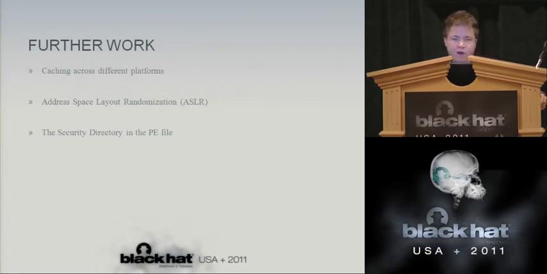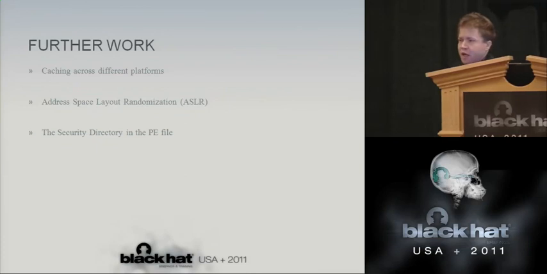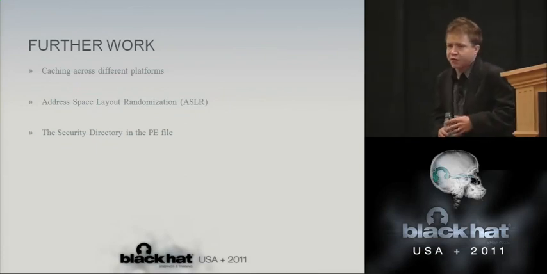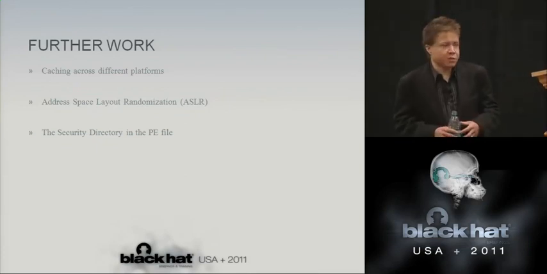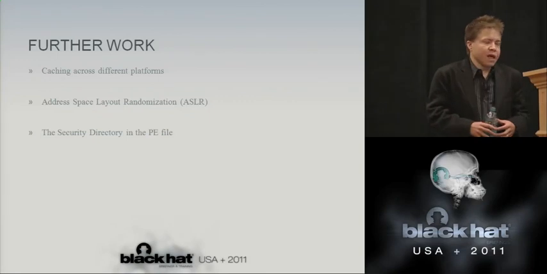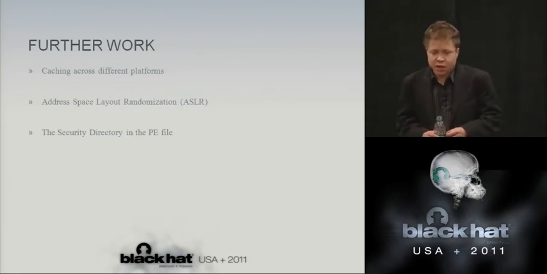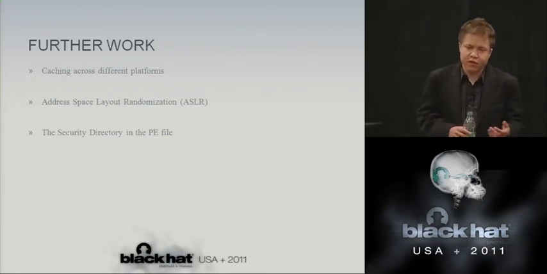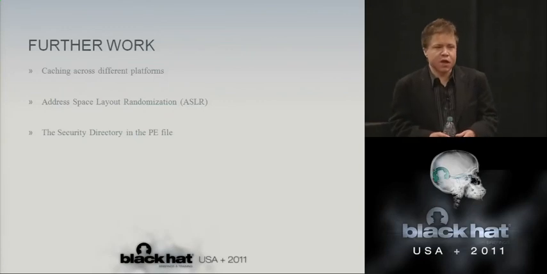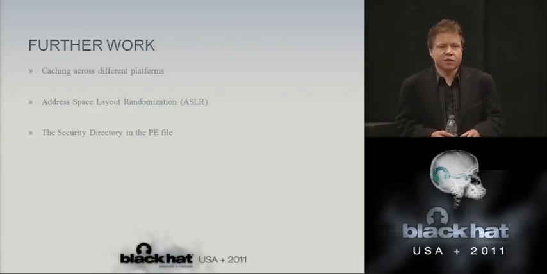So in wrapping up, I'd like to talk about some further work that needs to be done. Basically, one of the first things we noticed, and we're not really sure if this is particular to our configuration, is caching on a Windows 7 system, and some 2008 that we tried, 64-bit.